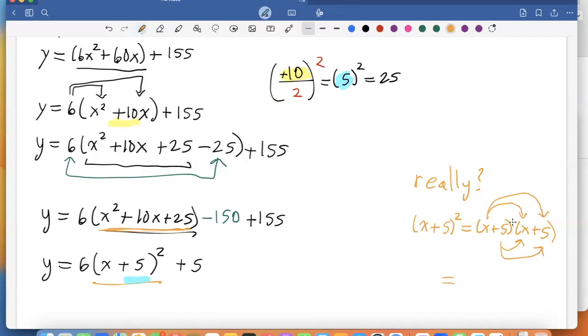X times x is x to the 2. X times 5 is 5x. 5 times x is also 5x. 5 times 5 is 25. Collect like terms, we get x squared plus 10x plus 25. So yes, they are the same. You just have to trust the process.